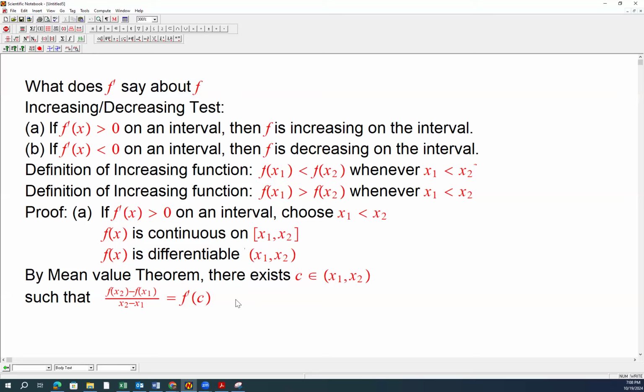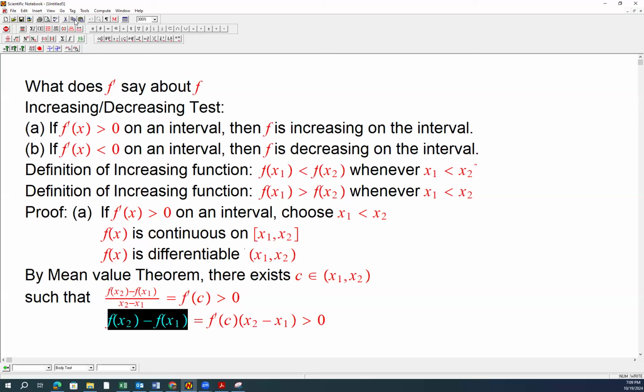So this is positive, and x2 minus x1 is also positive. Therefore, we multiply both sides by the denominator, x2 minus x1. The whole thing is a positive times a positive.